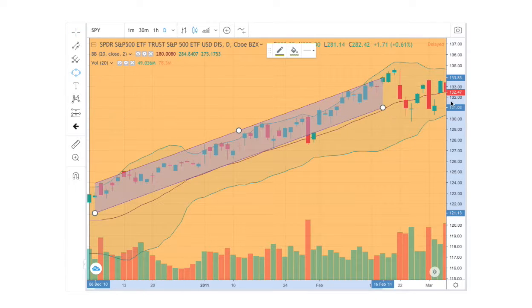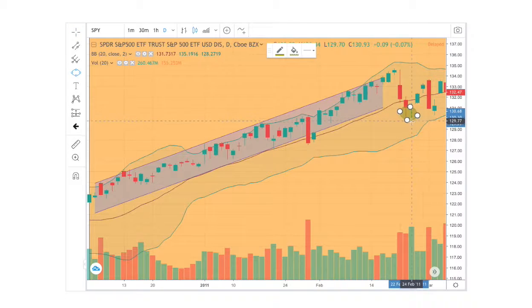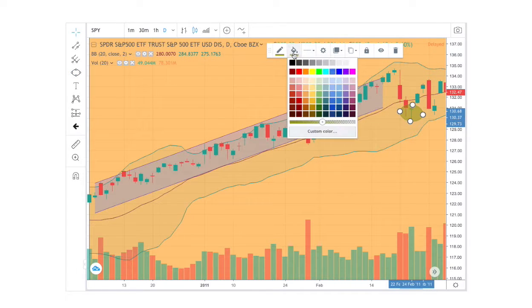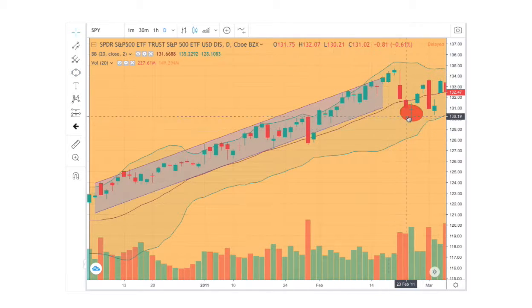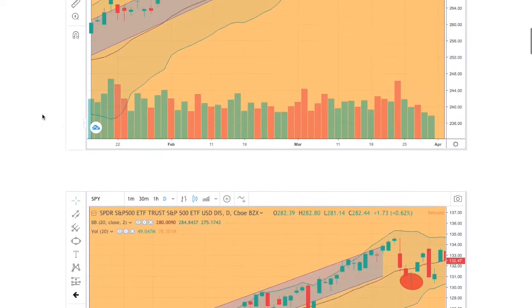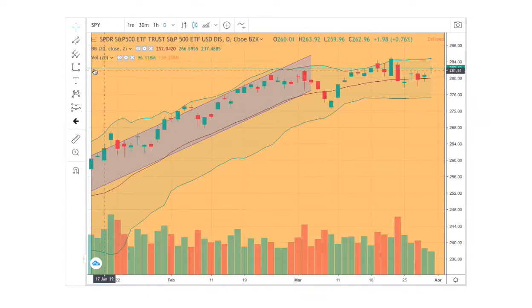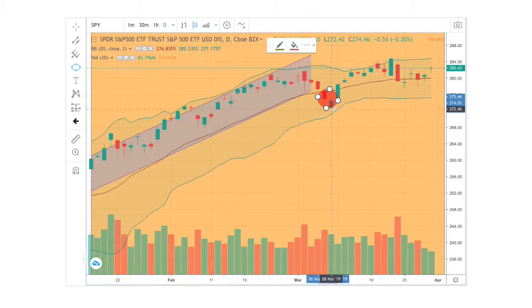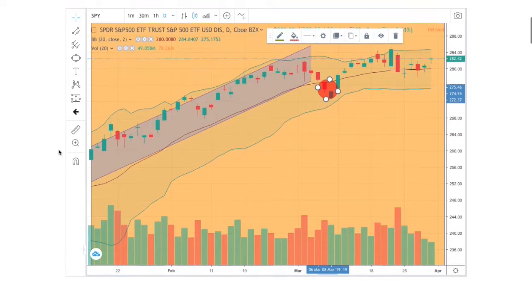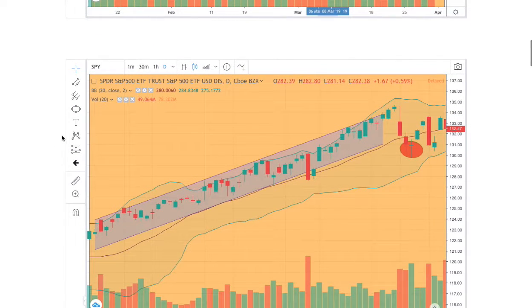If you're not familiar with the Bollinger Band, it's a tool used to measure price level and volatility. So it made a slight dip right there. Same as in this instance, it made a slight dip and it got right back up above the middle Bollinger Band. And we see the action here as well.